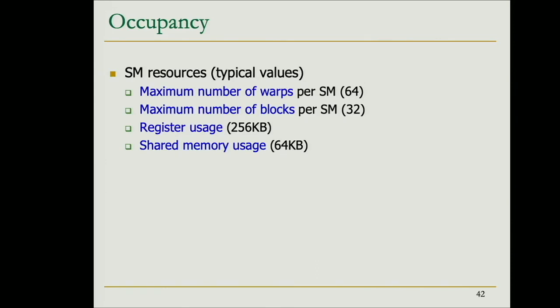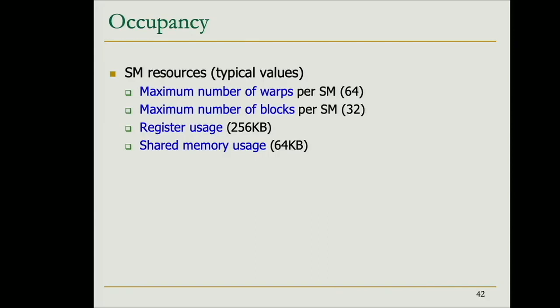So now imagine, for your program, each thread block needs to use 30 kilobytes. How many blocks can you run inside the same SM? Only 2, right? So if I have 4 SMs in my GPU, I could be actually running 8 blocks at the same time.